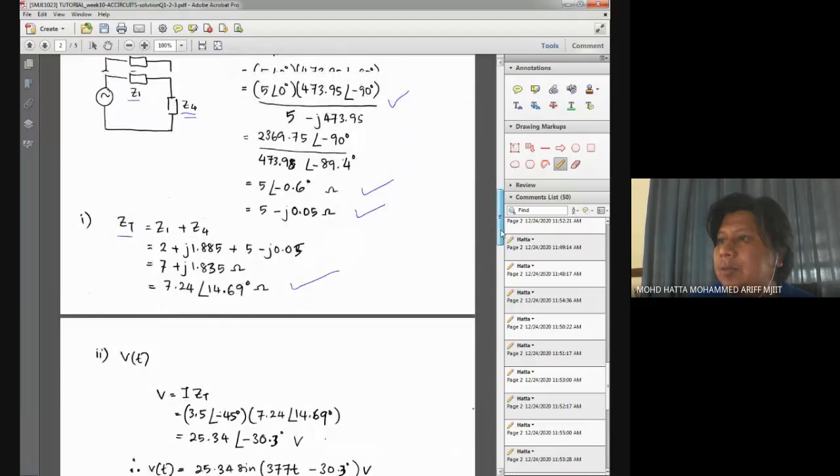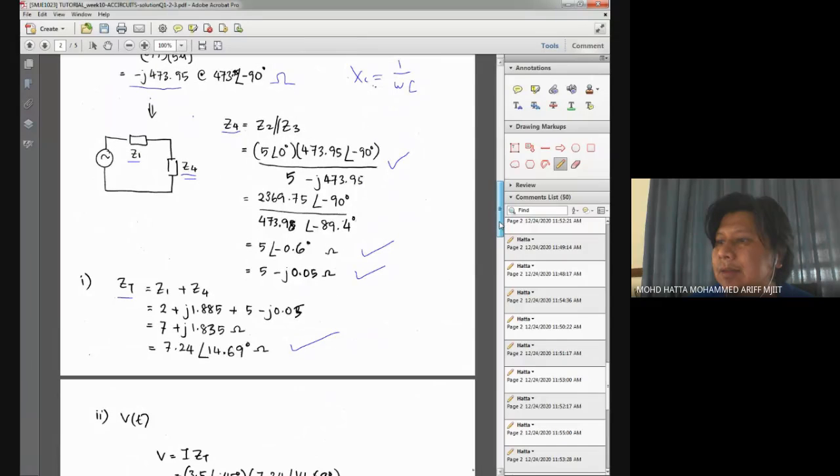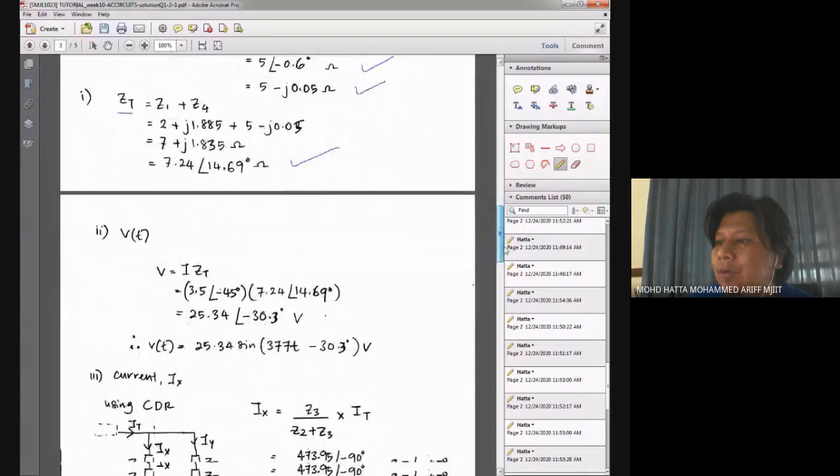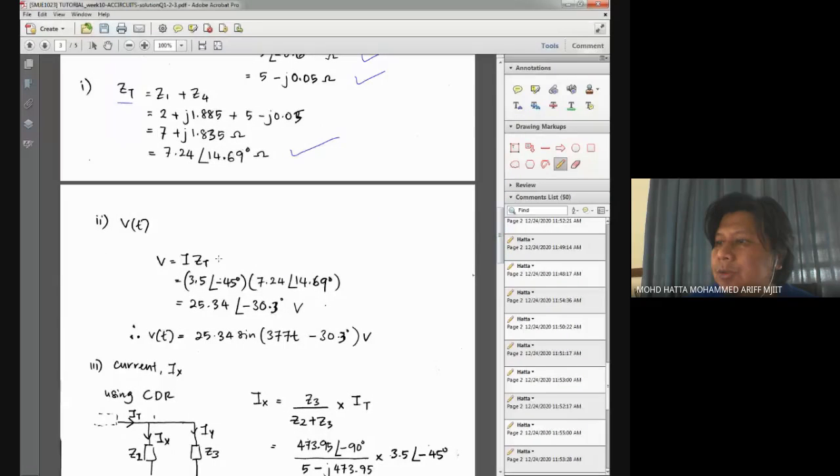All right, that's for the total impedance. And for the voltage, we will use Ohm's law, where Ohm's law says that V equals IZ for an AC circuit. So we have the total current.